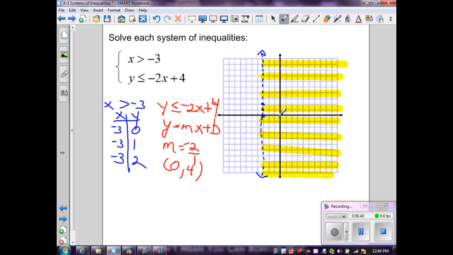Let's graph. 0, 1, 2, 3, 4. My slope is negative, so I'll go down 2 to the right 1, down 2 to the right 1. My inequality is less than or equal to, so I know that's going to be a solid line. So I connect the points with a solid line.